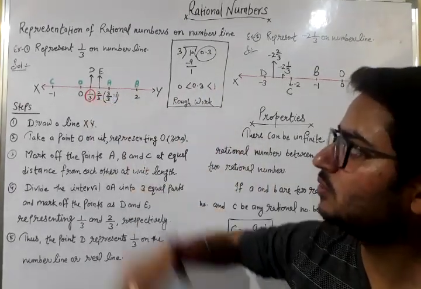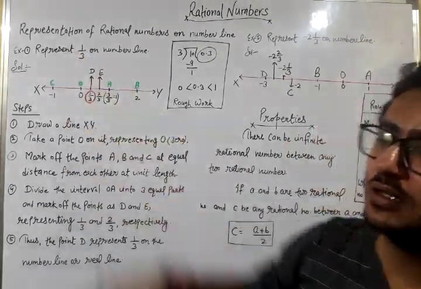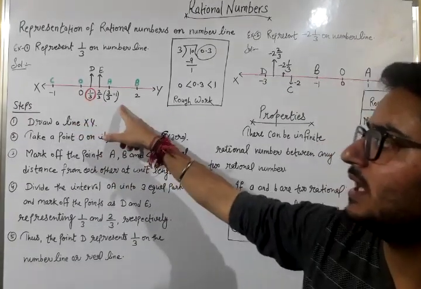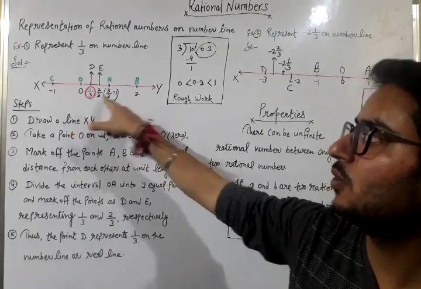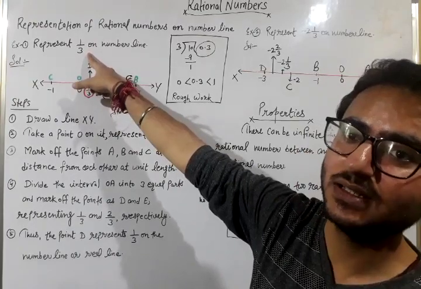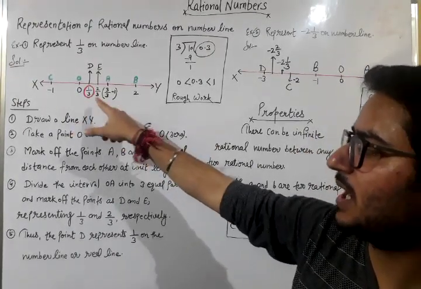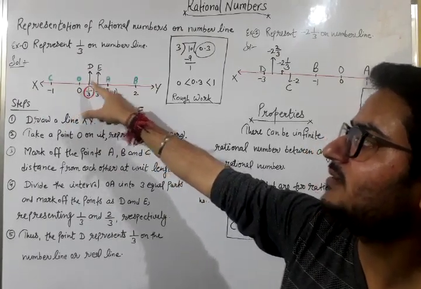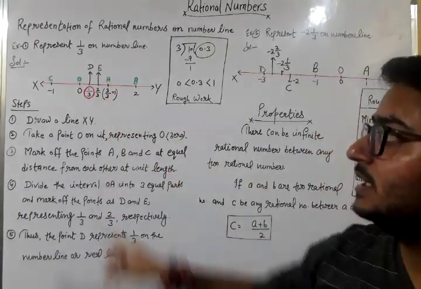So what will we do next? As 3 is our denominator, we will break OA into 3 equal parts. Why are we breaking OA into 3 equal parts? Because our denominator is 3. First part is OD, second part is DE and the third part is EA.